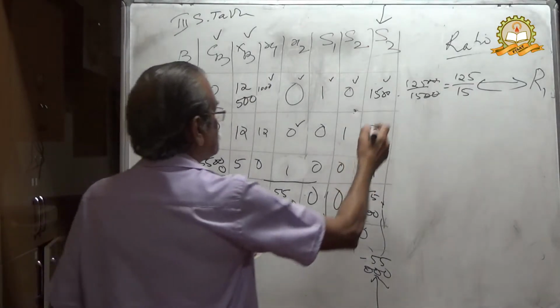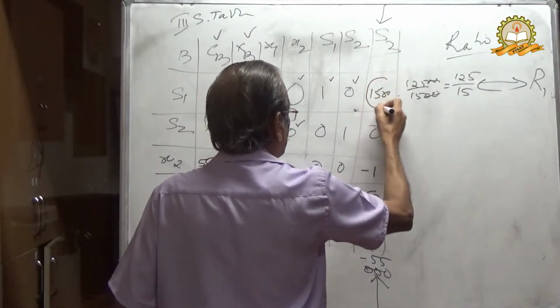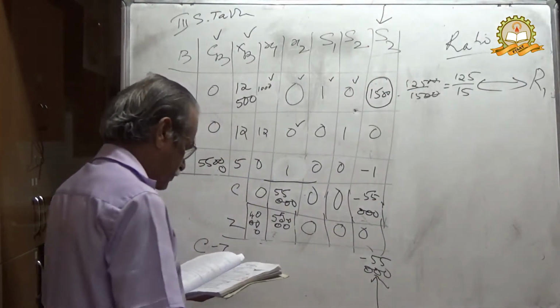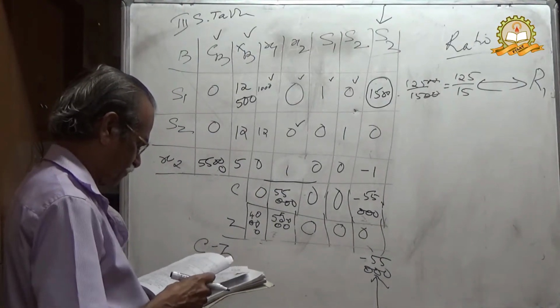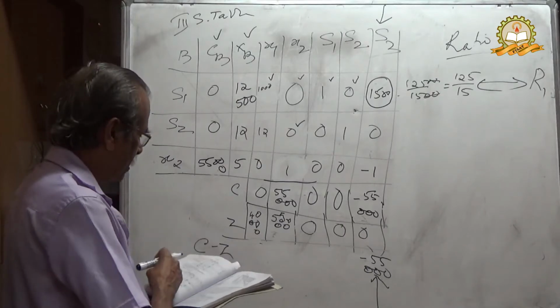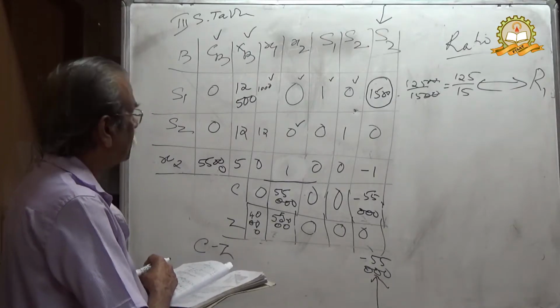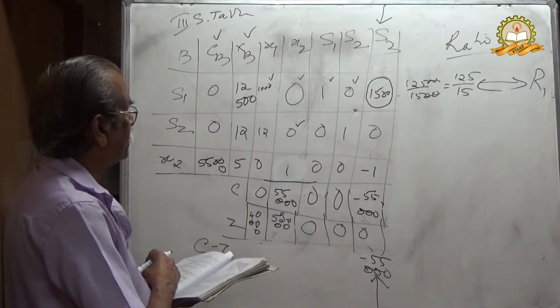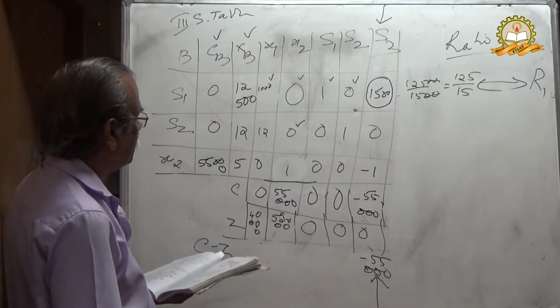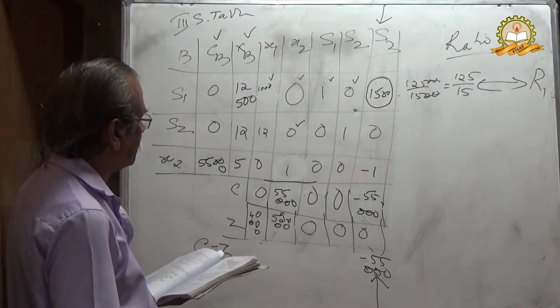R1 and S3 intersect at this point. R1 and S3 intersect at 1500.